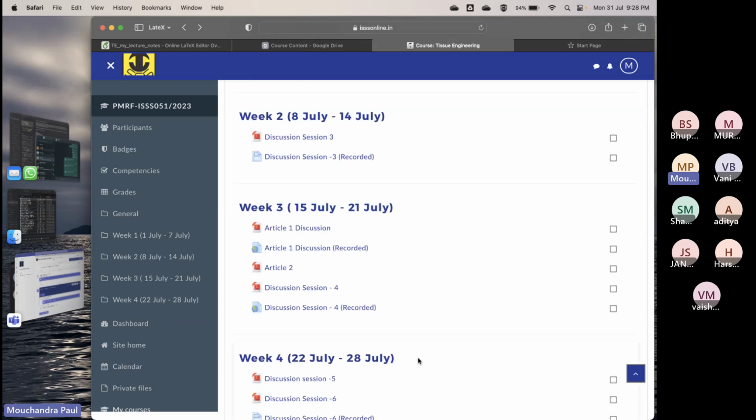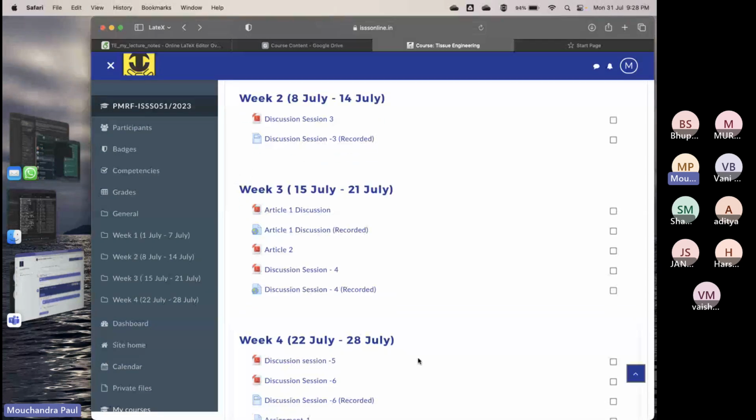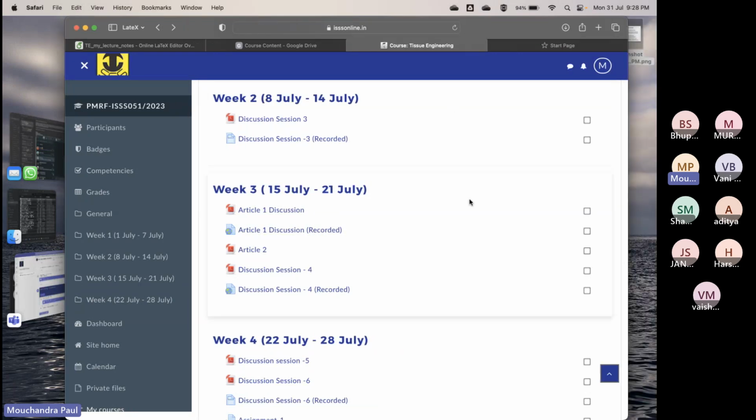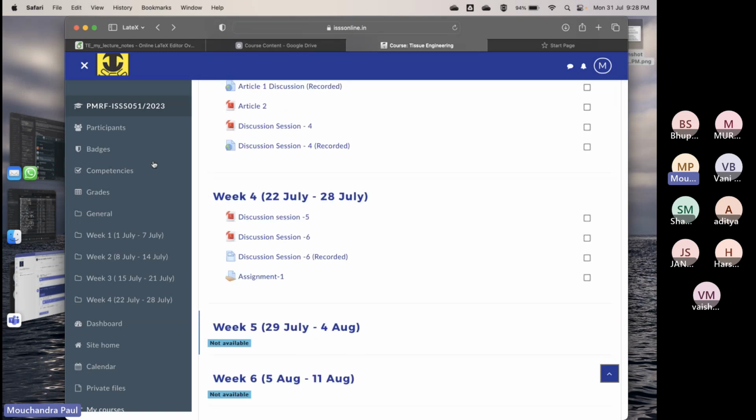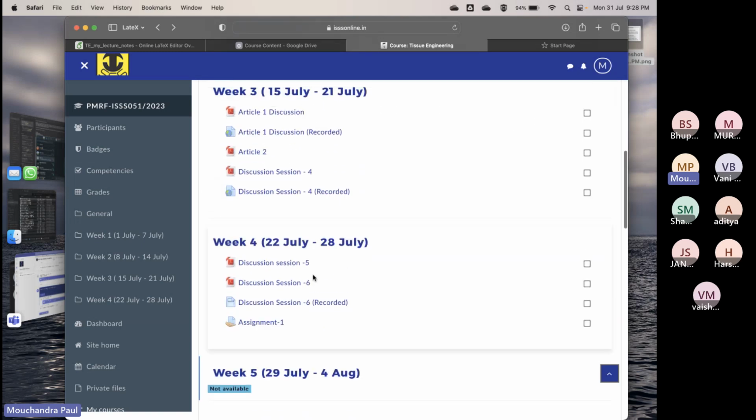If any of you are having difficulty accessing the files in emails, because often the old emails get lost in your inbox, since you get lots of emails, in one go you can download the course content from here only. That's a very good thing.